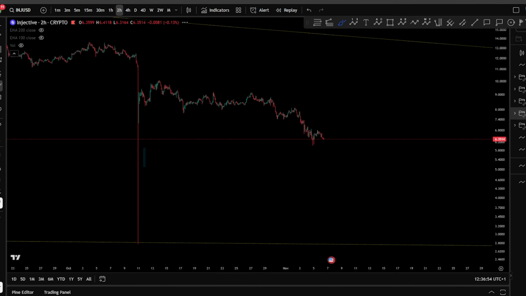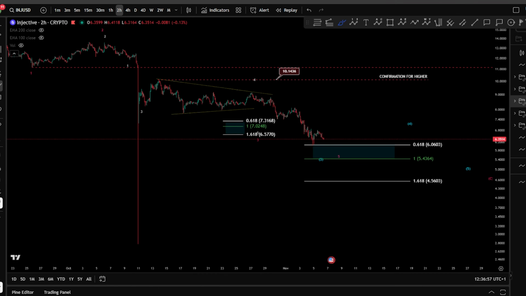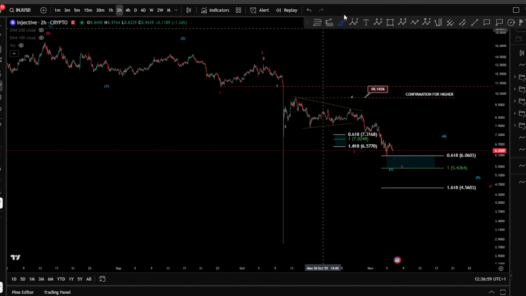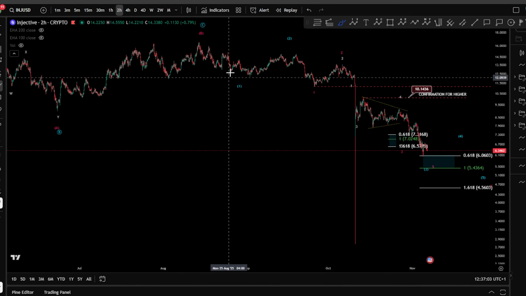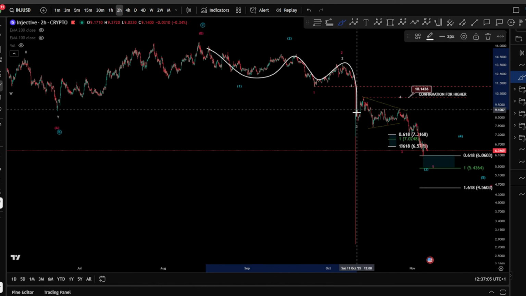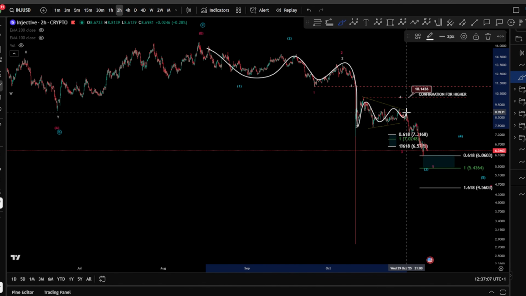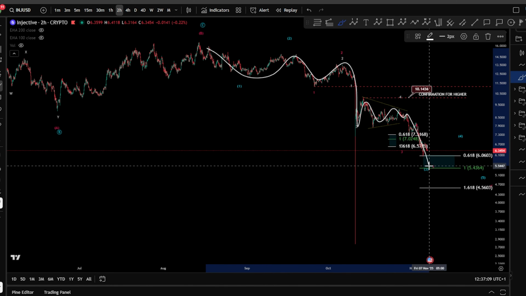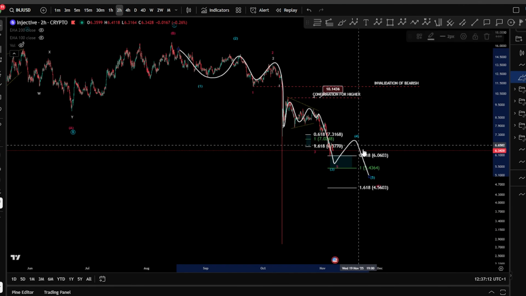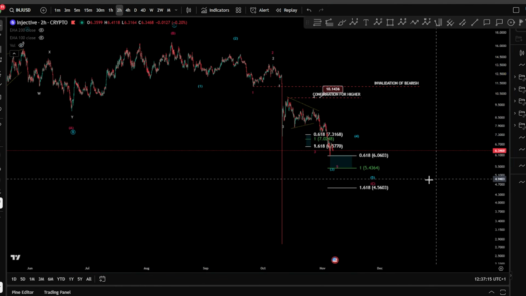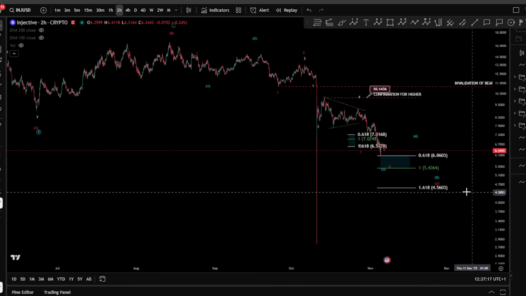If we move inside it to see what is unfolding over there, we can see clearly that after having an ABC or a correction, we got a 1-2, 1-2, and we are looking at a 4 after wave 3, and you're looking for a 5, a 4, and a 5. So I'm expecting double 4-5 still for Injective, and that we might still look for lower.